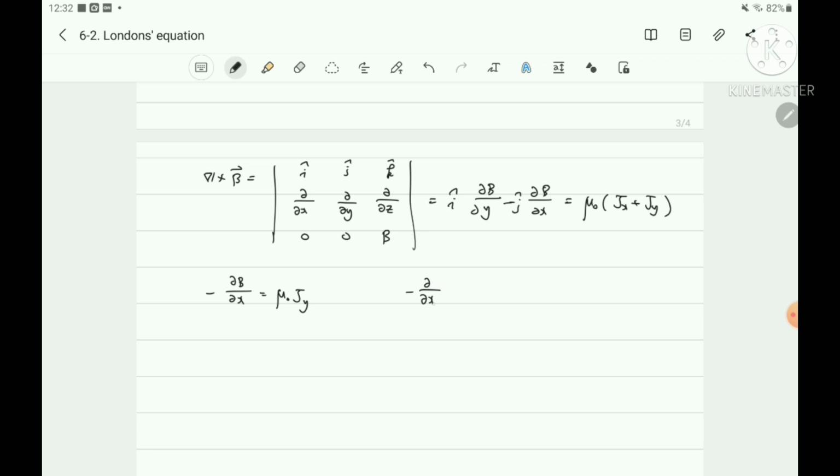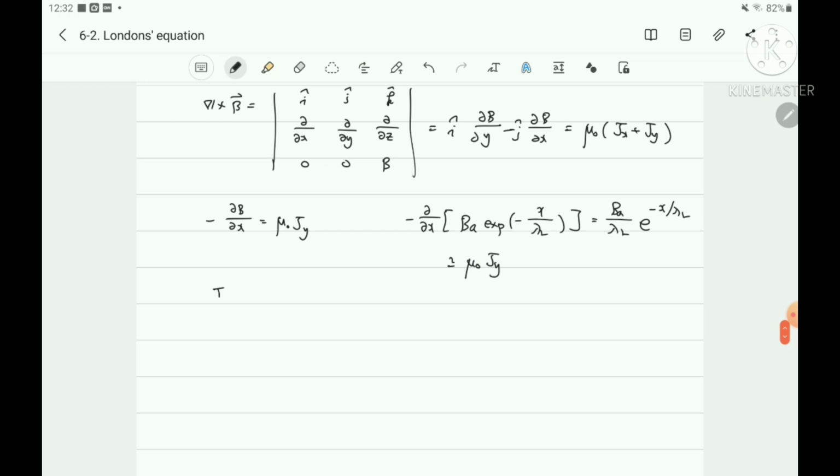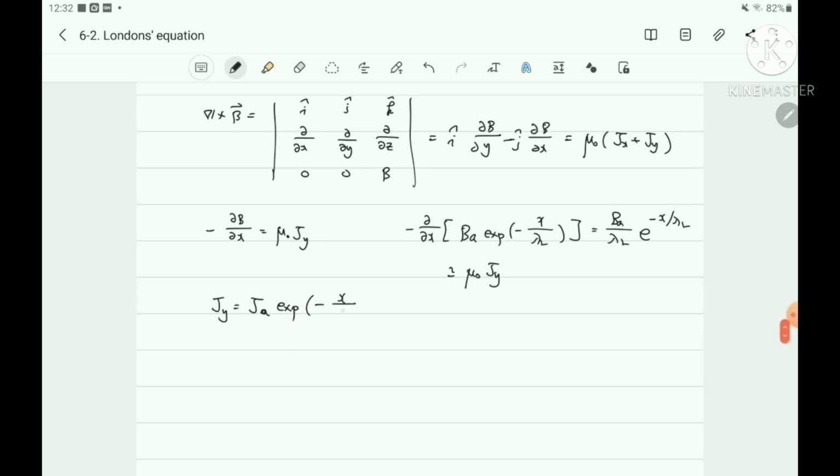B is B_a exponential of minus x over lambda L. Then it is B_a over lambda L exponential of minus x over lambda L, which equals mu 0 Jy. Therefore, Jy is J_a exponential of minus x over lambda L. It is a surface current density.